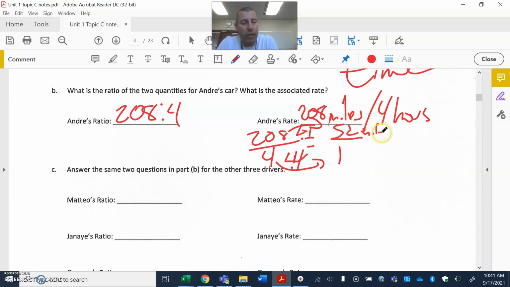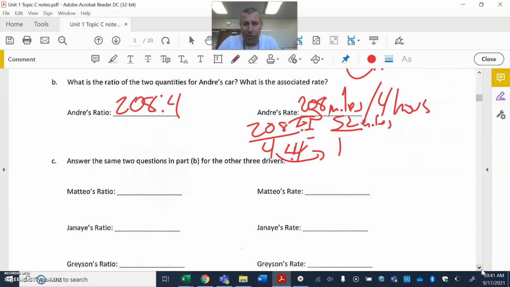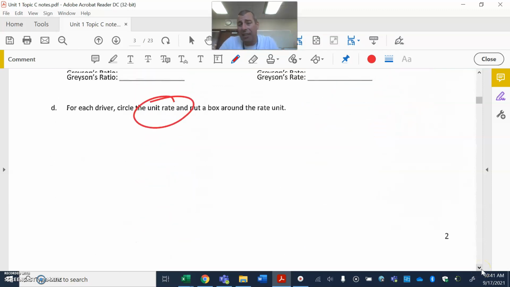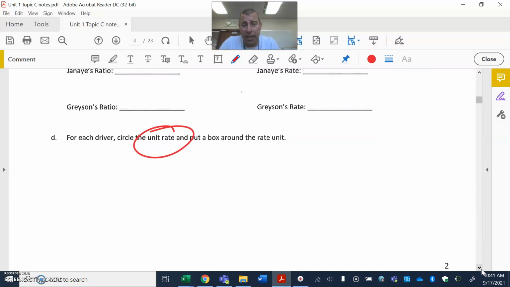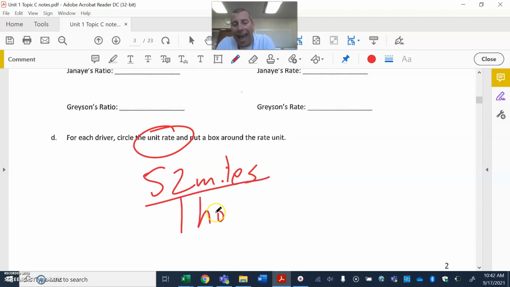Like we said, we plug that into our calculator, no concerns there. If they were asking for his unit rate, for each driver, we would put down the 52. 52 what though? 52 miles for the 1 hour. Now I've got the unit rates.